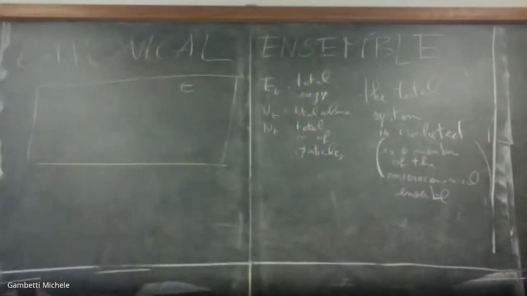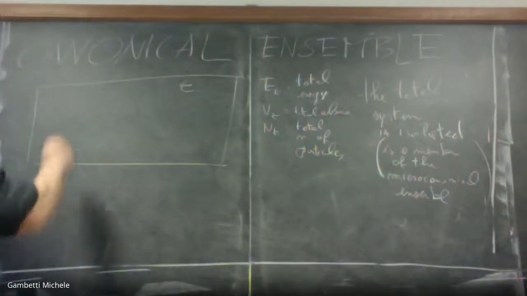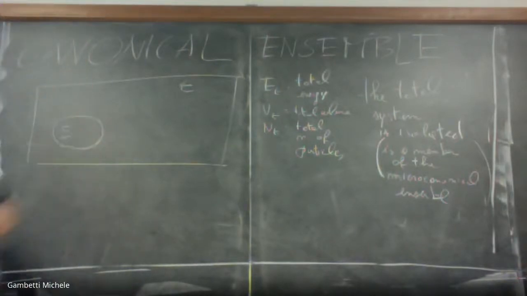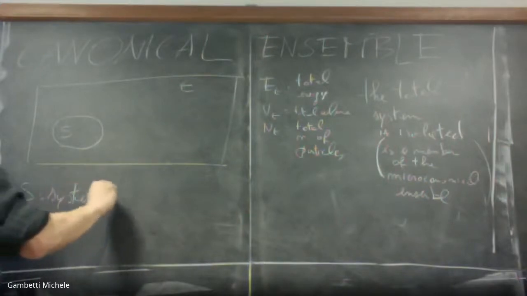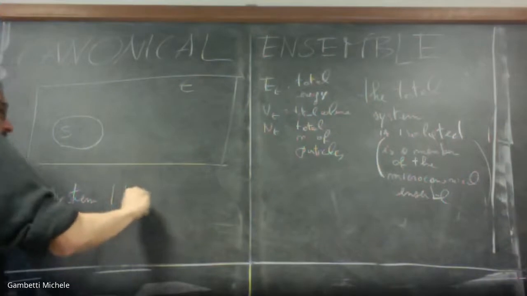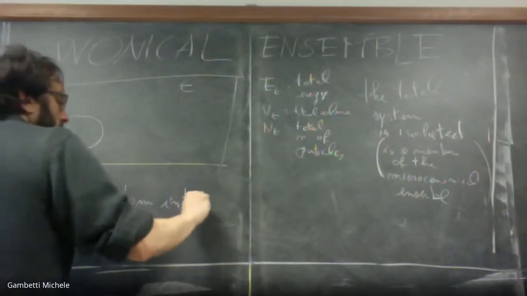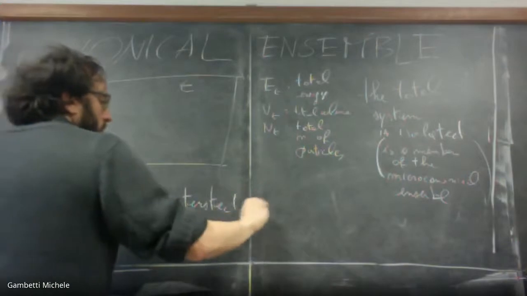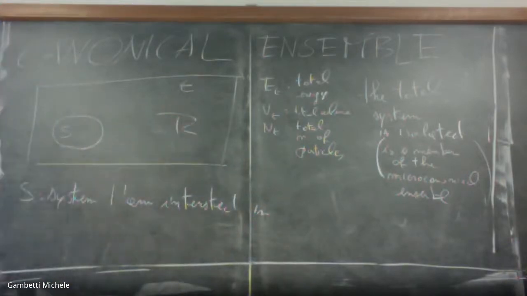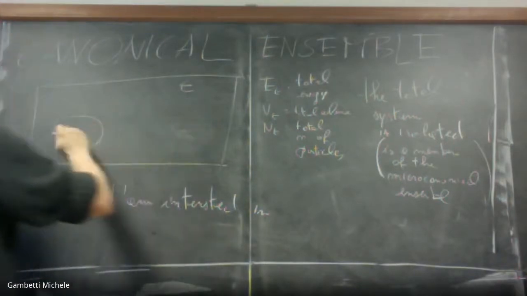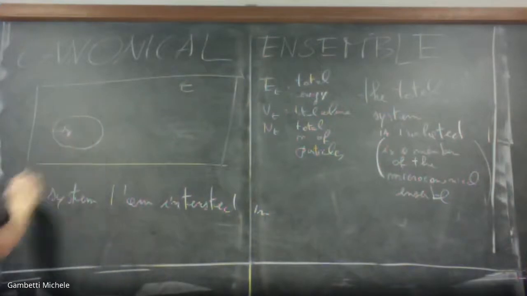But in this system, I can now define two subsystems. I call one S, where S is the system I'm interested in, and the other is the rest, the complementary part of my system. Let's call it S with a small letter, so as not to confuse it with the entropy.